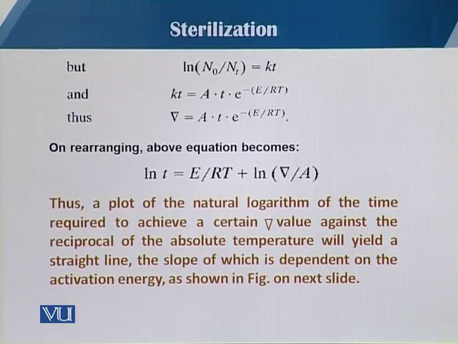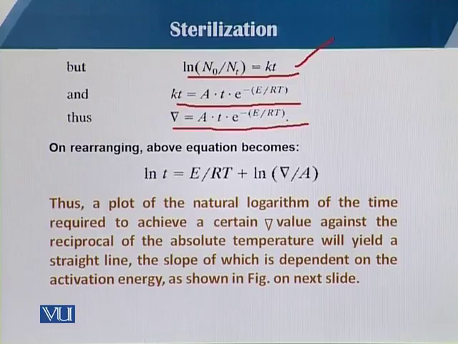As we have this equation, kt is equal to A e to the power of minus E over RT times t, and then the Del factor is this one. On rearranging the above equations, the equation will be ln t is equal to E over RT plus ln of Del factor over A, where A is known as the Arrhenius constant.